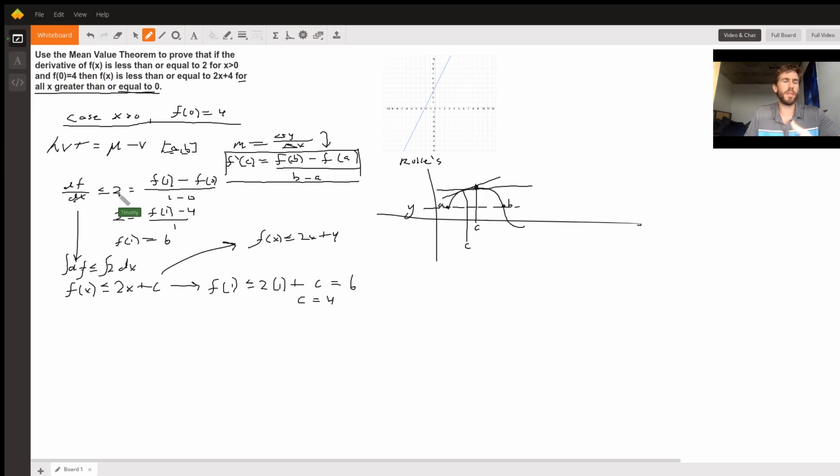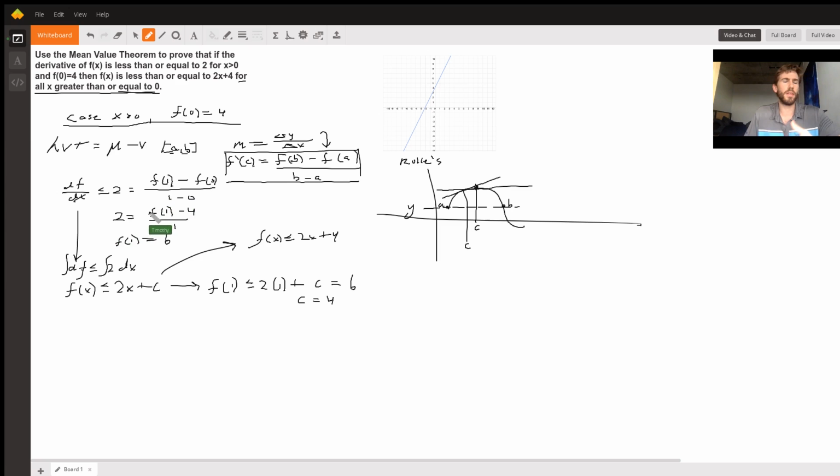Boom, we have that. And then by using mean value theorem, we equate that with f of, I pick any point above x equals 0, so it could be 1, it could be 1.5, it could be f of 2. I just choose f of 1 to keep it easy, and then minus f of 0 over 1 minus 0, where this is your a and then this is your b under here.